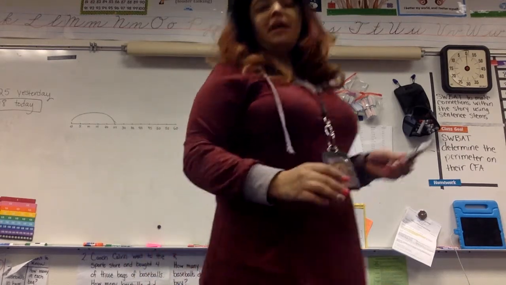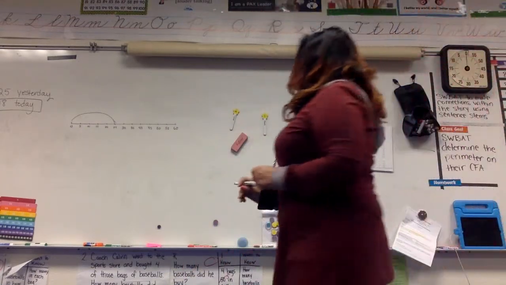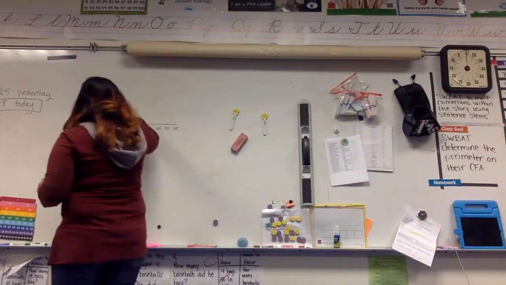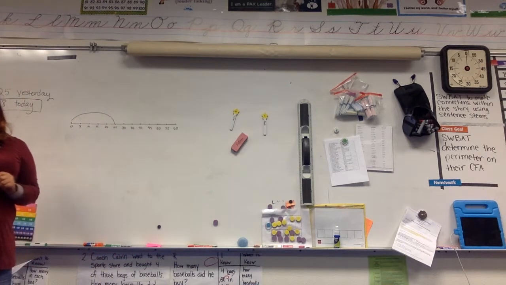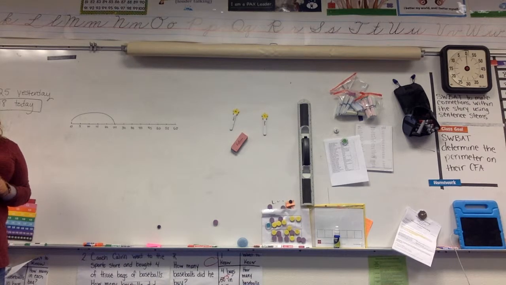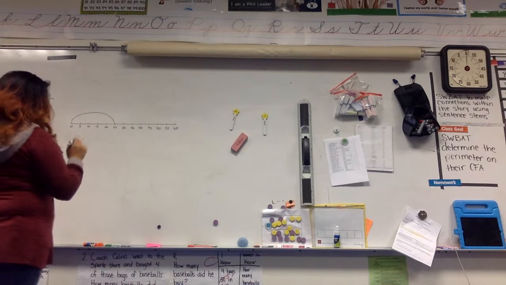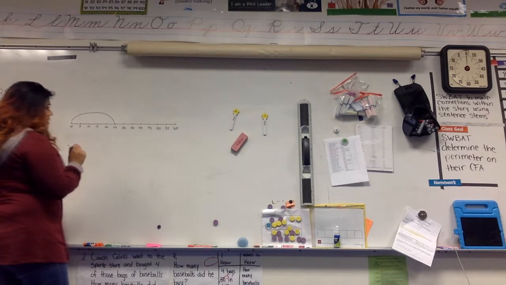In the number 28, how many tens are there? Okay, but how much is 2 tens? If you have 2 tens, how much do you have? 20. Okay, so we're going to do a jump of 20.